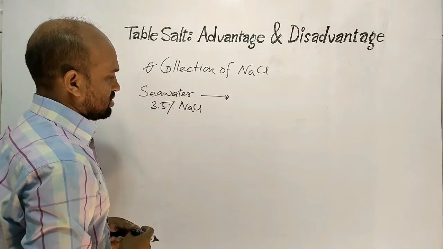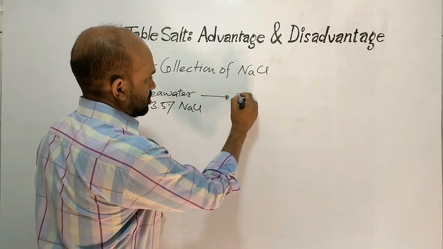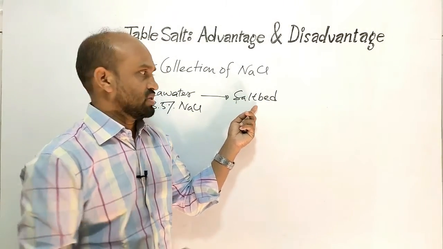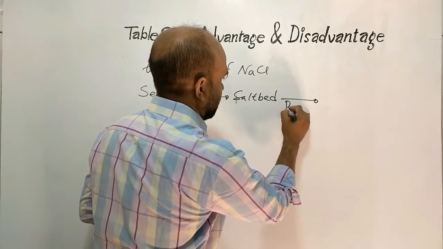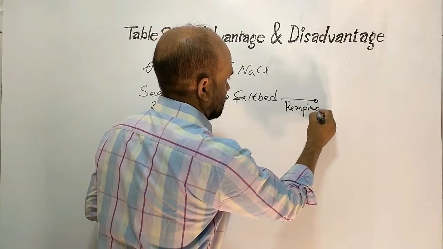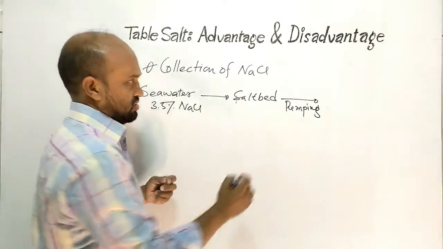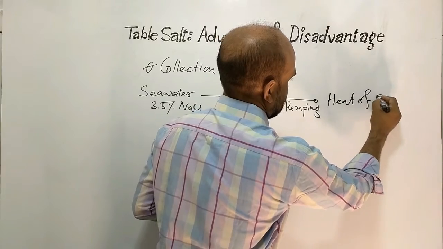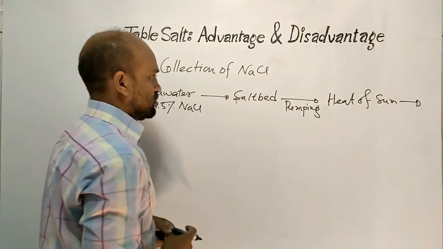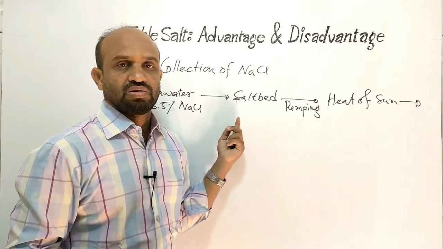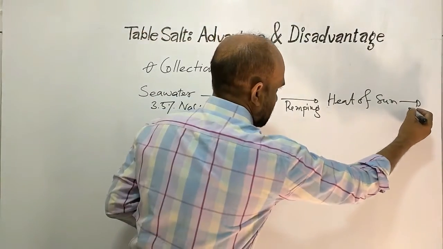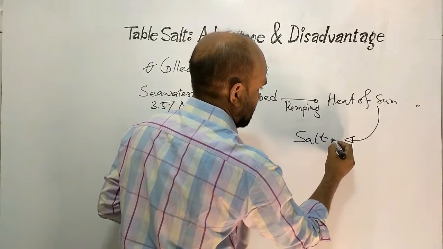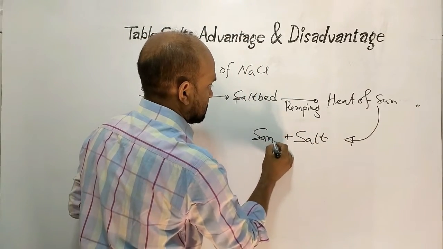This seawater is taken in salt bed that is made on the bank of the sea, where by pumping seawater is taken, and after that heat of sun is used to evaporate water, and after the evaporation of water we get salt, and sand is mixed there.